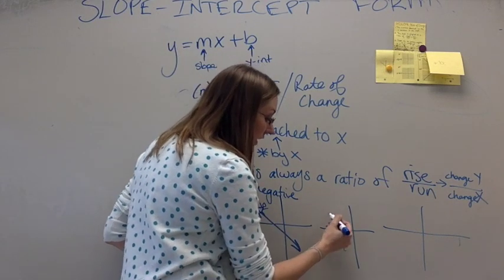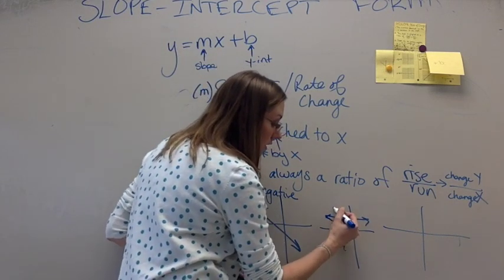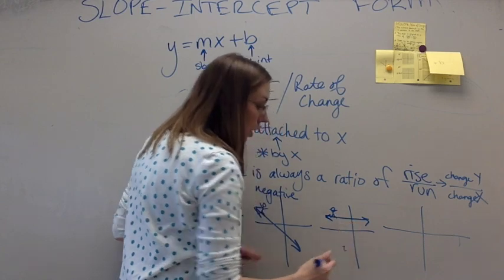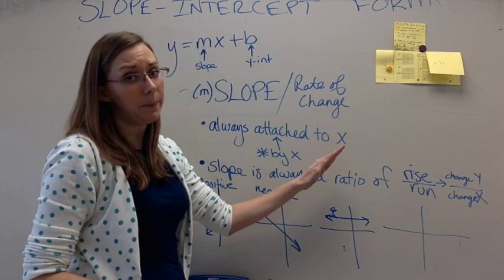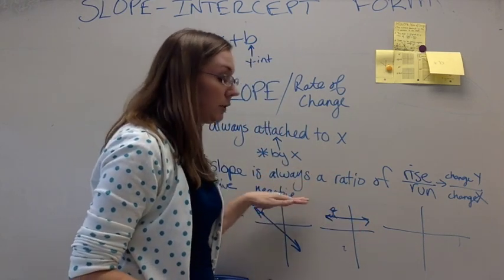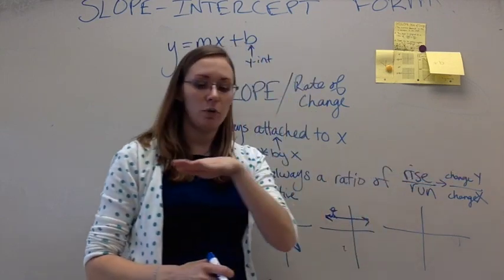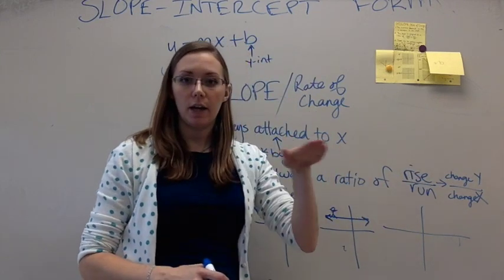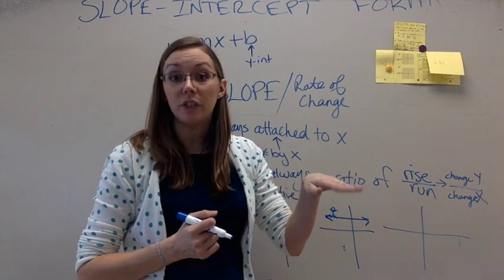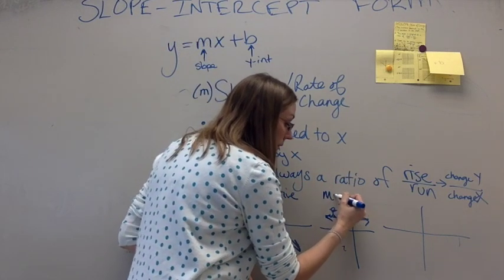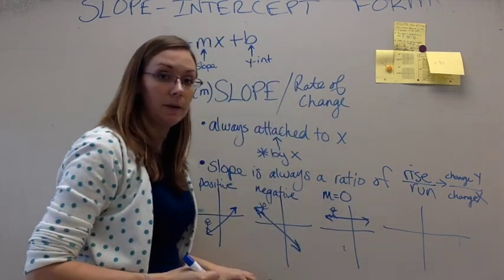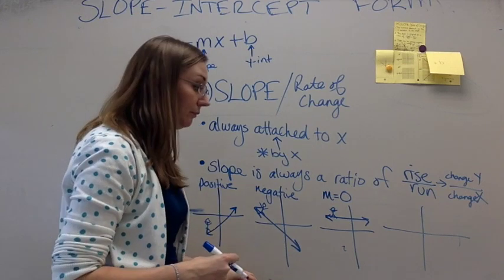Next, we're going to have a line that looks like this. Okay? We put our little man, he's walking. Now, he's not walking up, he's not walking down, so he's just walking flat. Okay? So not a positive, not a negative, it's a slope of 0, okay? So I'm going to put m equals 0. Our slope is 0.